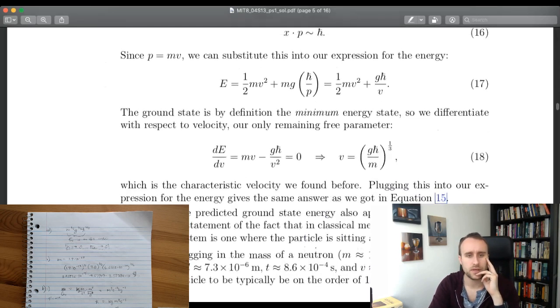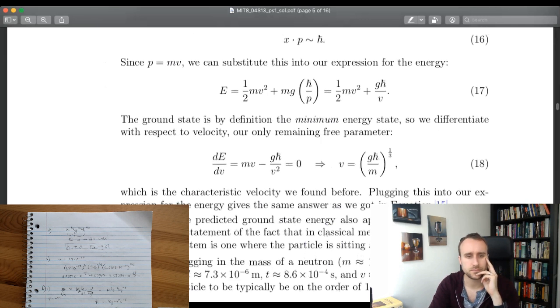Although there's some more information here. Plugging into the neutron. Length is this, this is this, this is that.